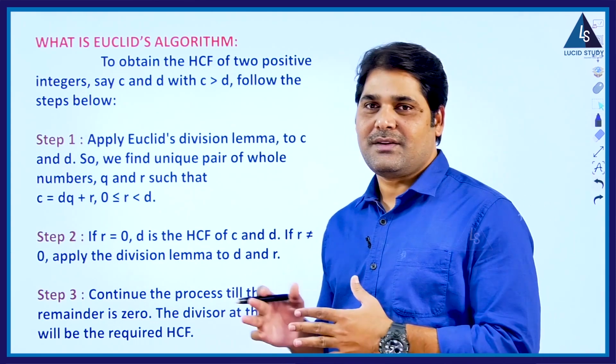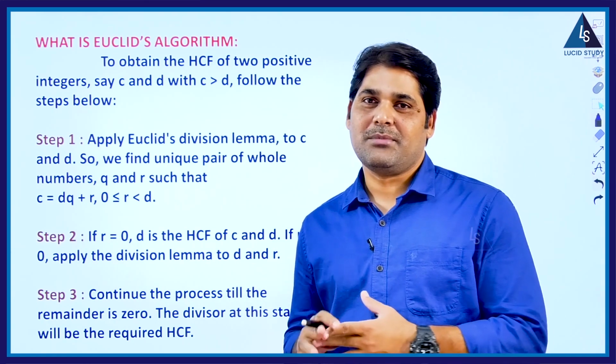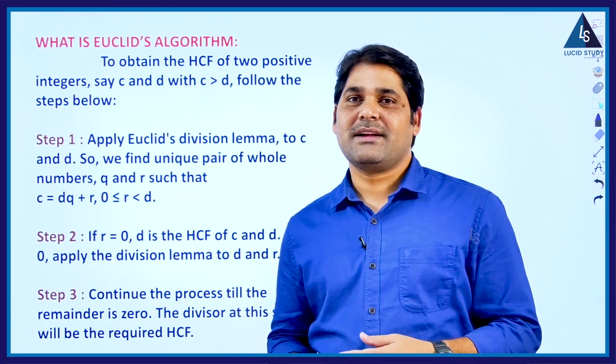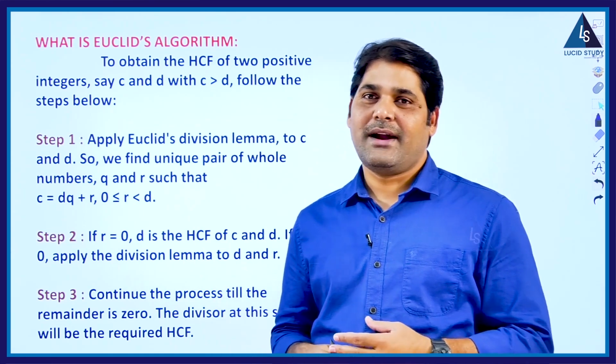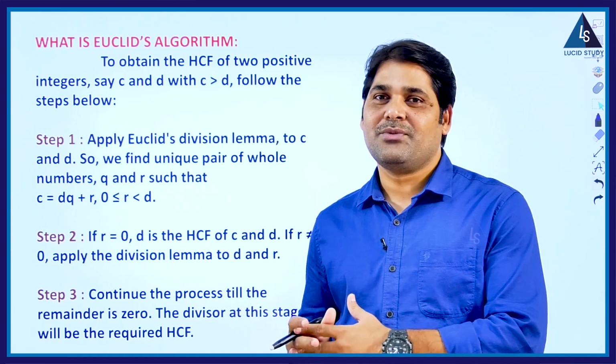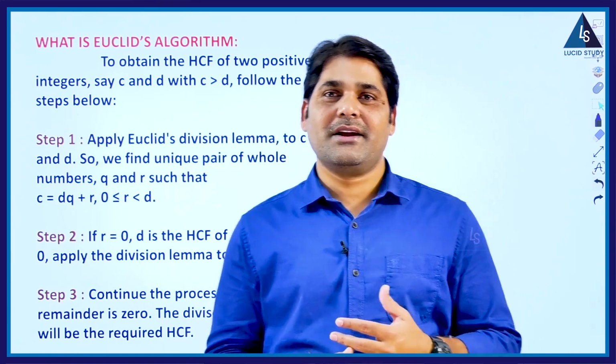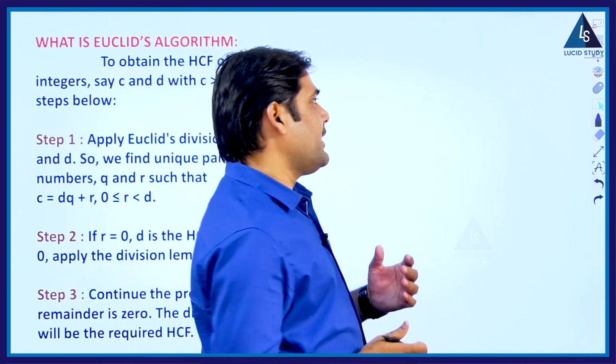Wherever you get remainder 0, the divisor will be the HCF of the given two numbers. Right? Let us take one example and find out how to use Euclid's division algorithm. So let us take two numbers to find the HCF by using Euclid's division algorithm. You can create your own two numbers. Okay, I am creating my two numbers.